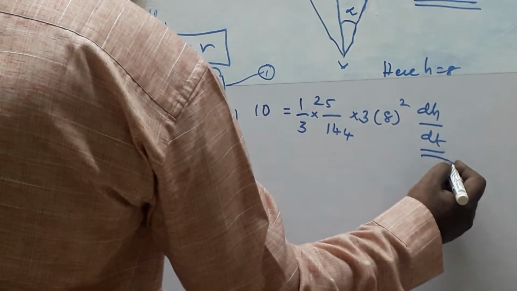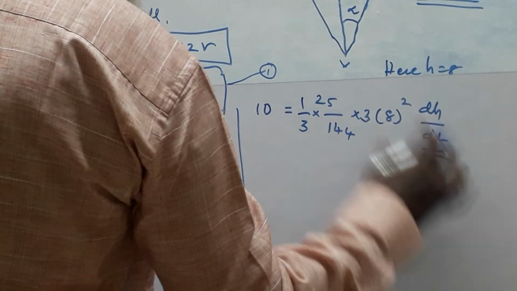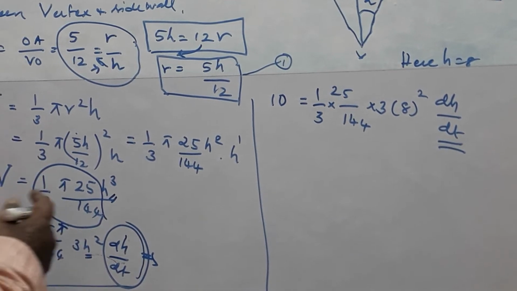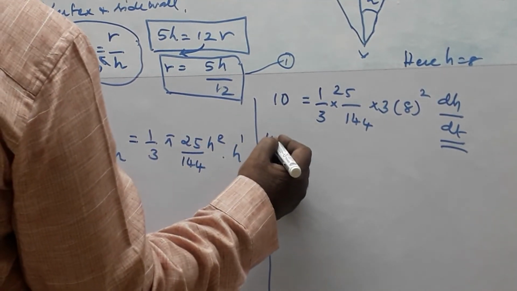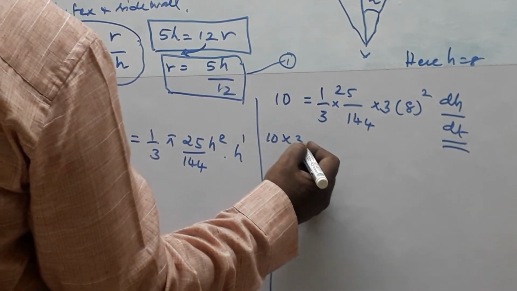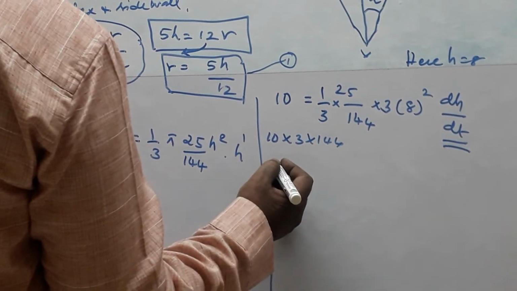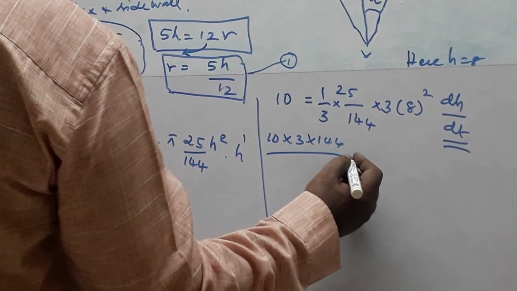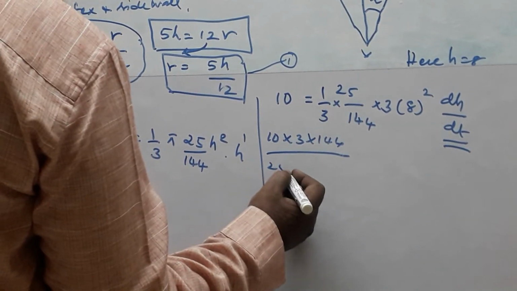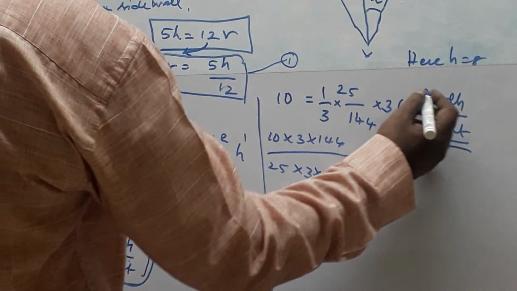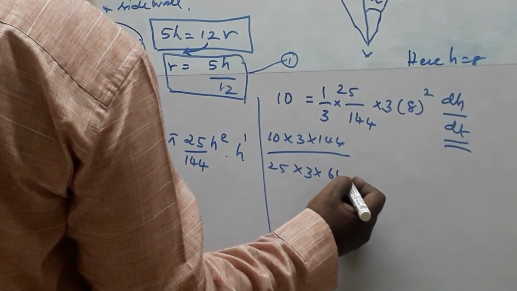We keep dh by dt here itself, and the remaining all you have to bring to the left-hand side. What happened? 10 into 3 into 144, are you clear? Divided by 25 into 3 into 8 square, equal to 64.